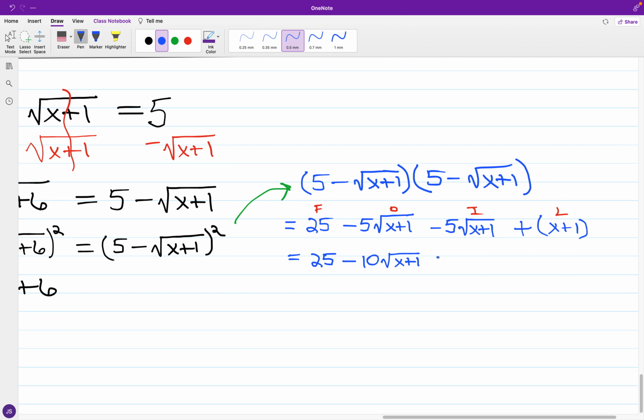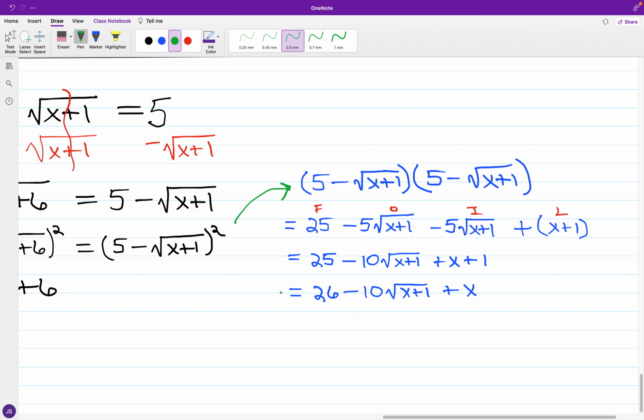Again, last product we have x and 1. And I have constants with 25 and 1 that I can join. So 25 plus 1, that'll be 26. I have minus 10 times the square root of x plus 1, and again, plus x.